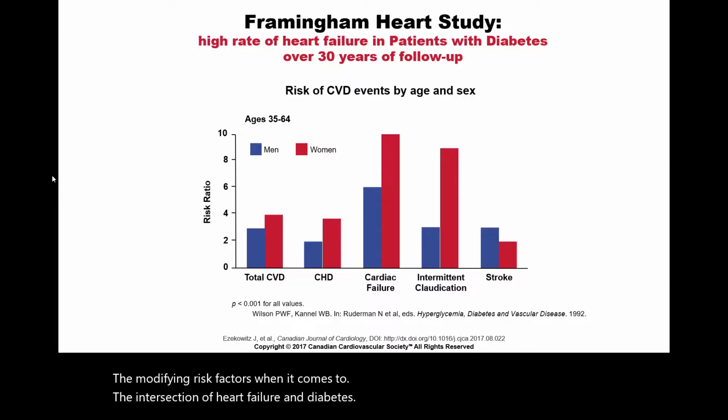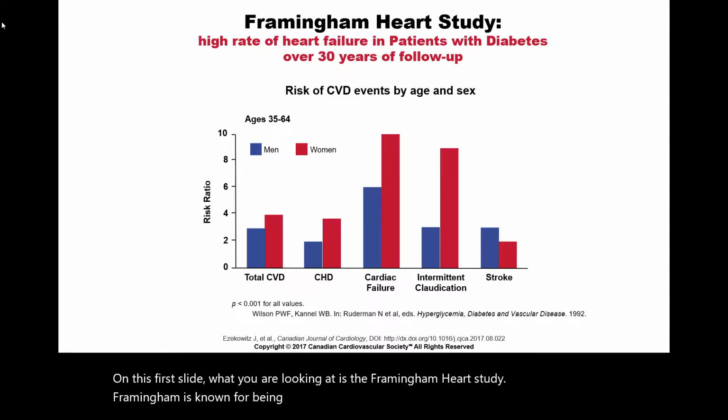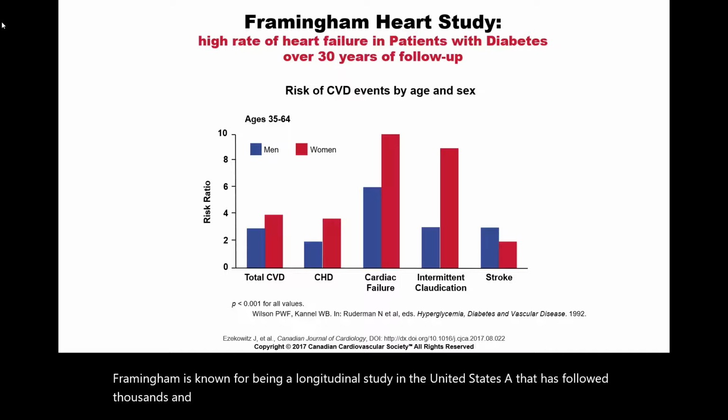On this first slide, what we're looking at is the Framingham Heart Study. Framingham is known for being a longitudinal study in the United States that has followed thousands and thousands of individuals over several decades.